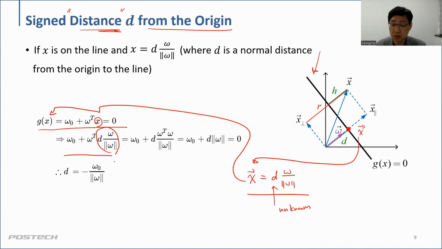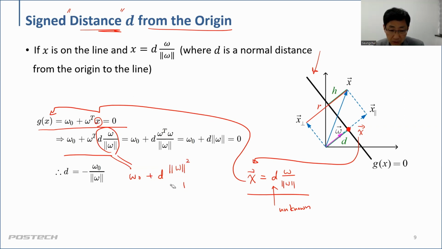So in this computation we have omega naught plus d, which is just a scalar, times omega transpose omega divided by the norm of omega. We know that this is the inner product of omega with itself, which gives the norm squared.